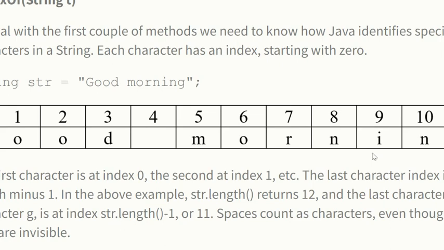So if you ever need to figure out what index a character is, you can write the word down and write 0, 1, 2, 3, 4 underneath it, or above it. And then you can say, oh, I'm looking for character 7. Spaces count as characters, punctuation, anything in there counts as a character.